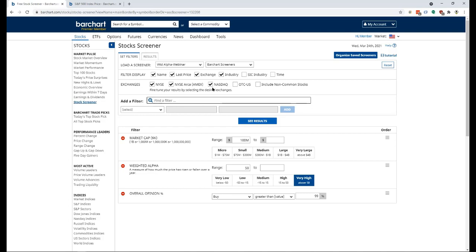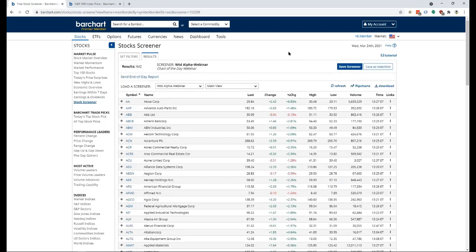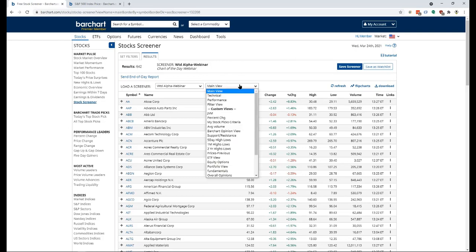I look at the major exchanges, and the reason why is because I'm a very big believer in stop losses, and you can't put stop losses on over-the-counter stocks or anything like that. Now again, we see that out of the 2,800 stocks, these are the top 642 according to my screener. Let's go to my custom view.